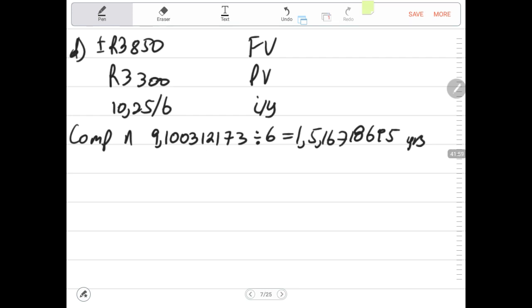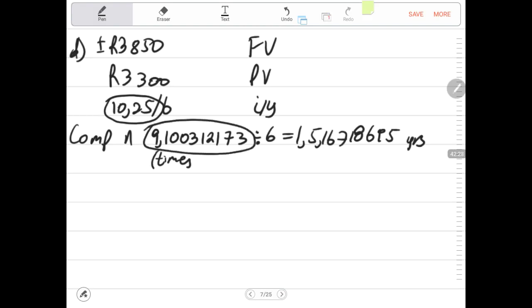And remember, this is times. Let us say you were required to say how many times was the interest compounded over the investment period? The interest was compounded 9.10 something times.